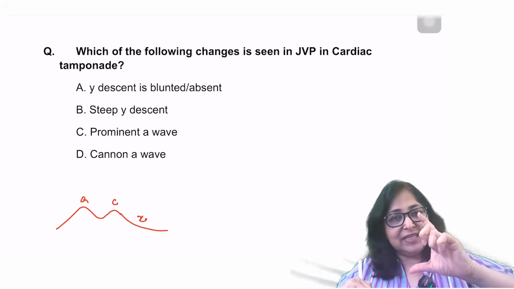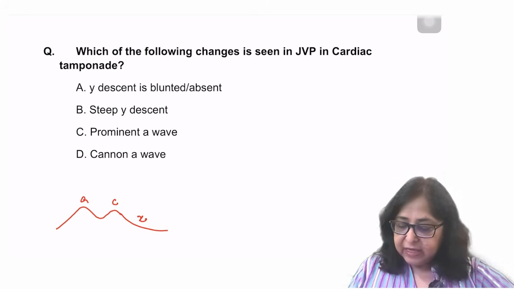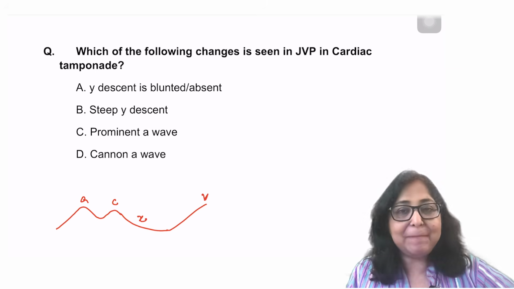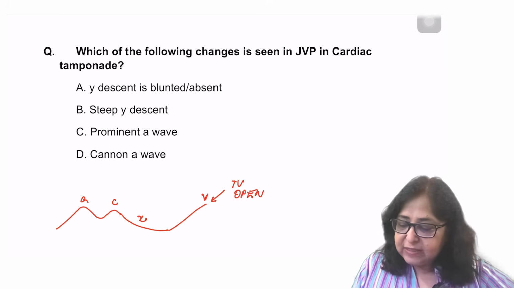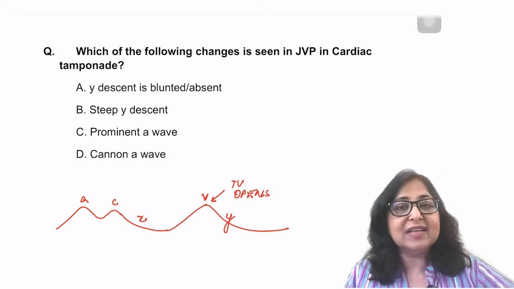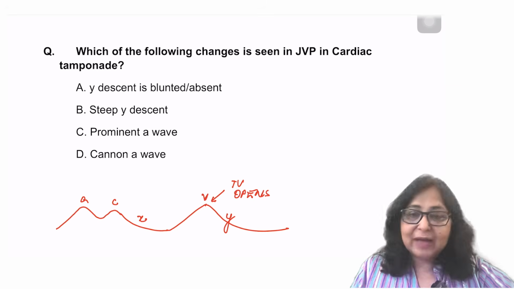This increases the right atrium volume and therefore reduces the pressure. Then you have a V wave, which is due to venous filling of the right atrium, passive filling of the right atrium, just before opening of the tricuspid valve. And when the tricuspid valve opens, blood will flow from the right atrium into the right ventricle, giving us the Y descent. Now let's try and see what happens in cardiac tamponade.